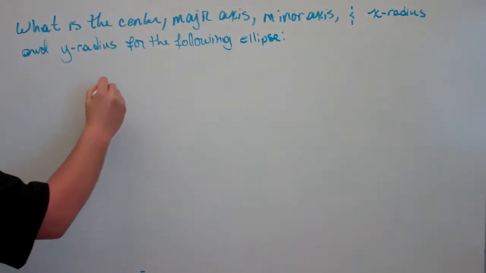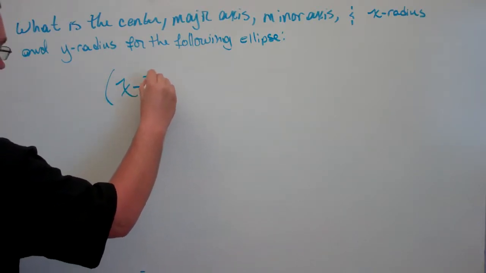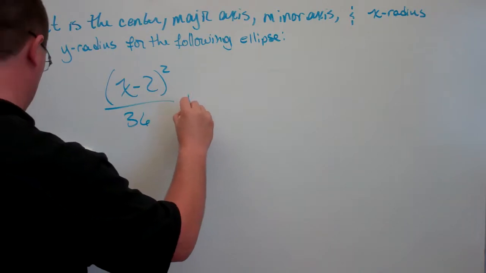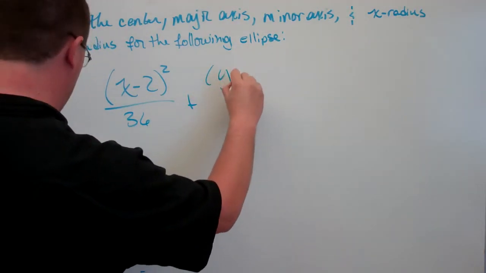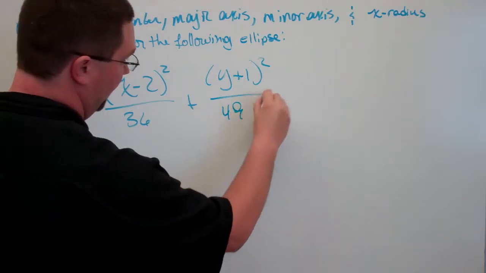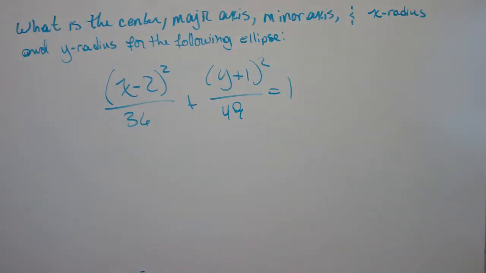We have (x minus 2) squared over 36 plus (y plus 1) squared over 49 equals 1.